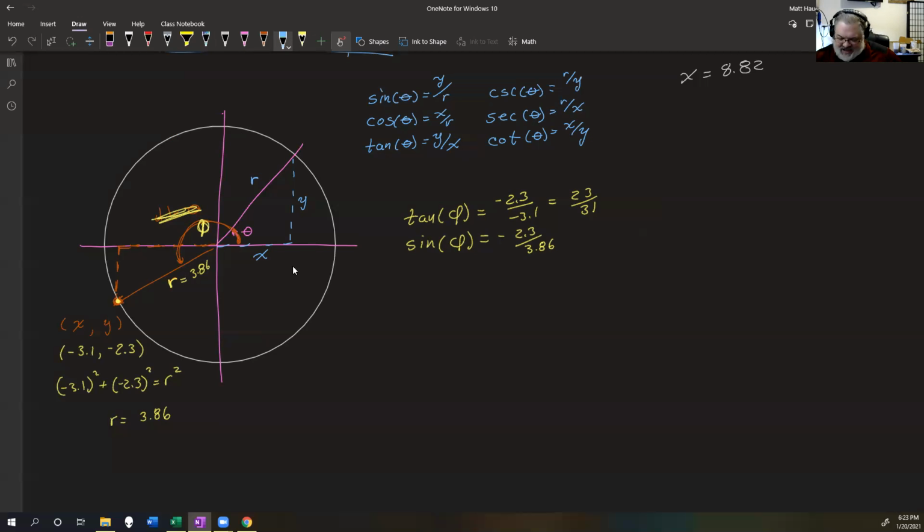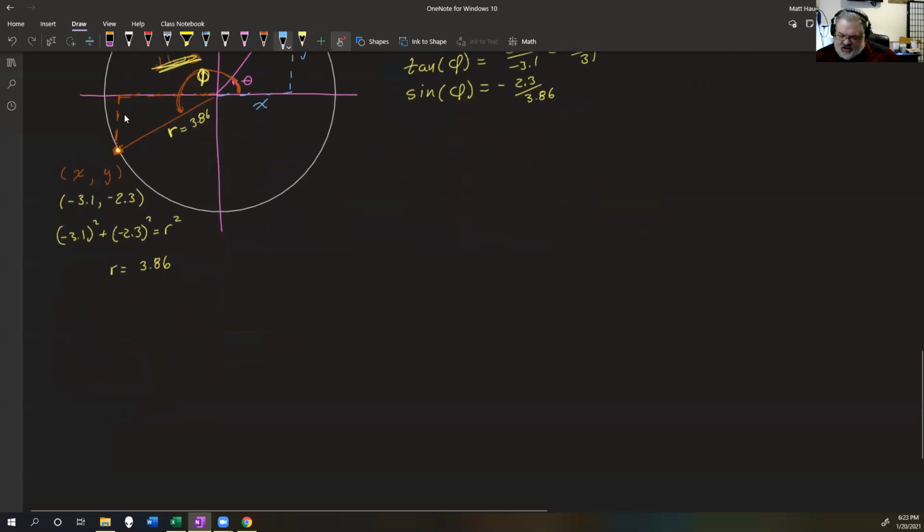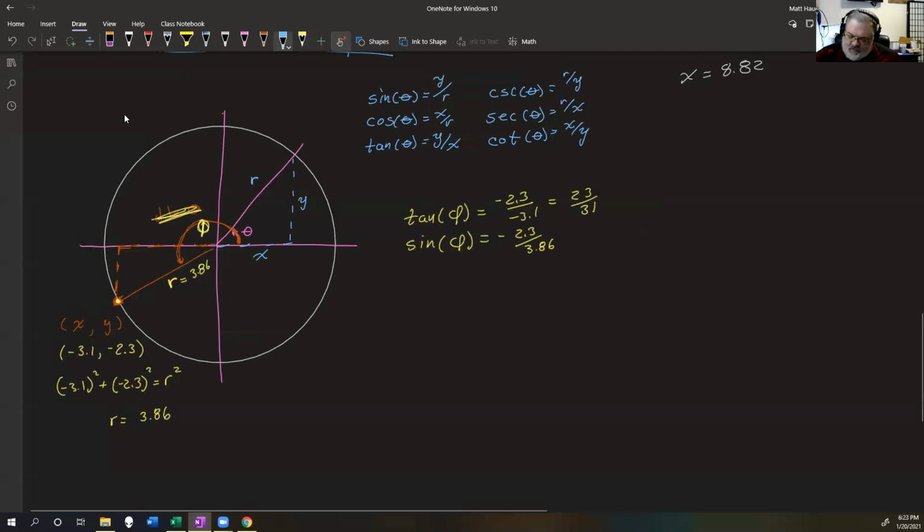And that's to take this circle and make it a particular size. So, for example, if we had this radius 3.86 circle, there's always going to be a circle in here somewhere of radius 1, right?